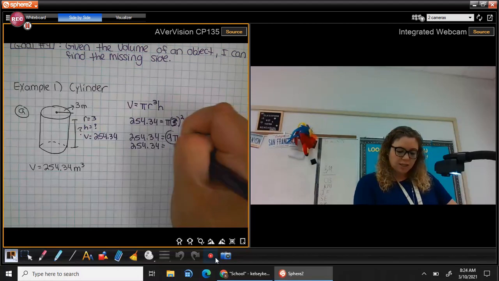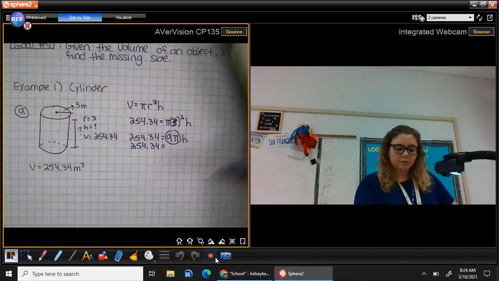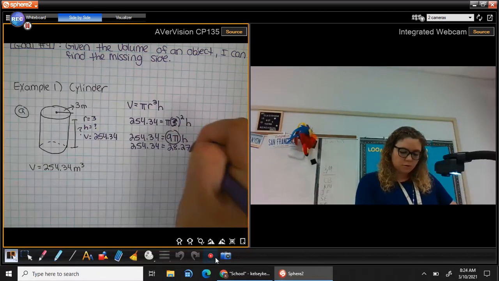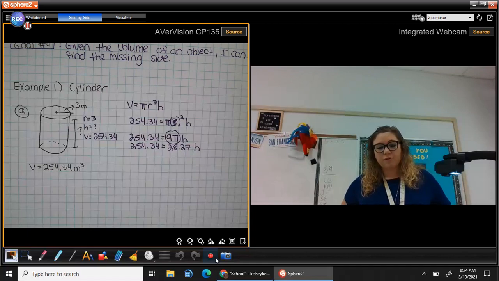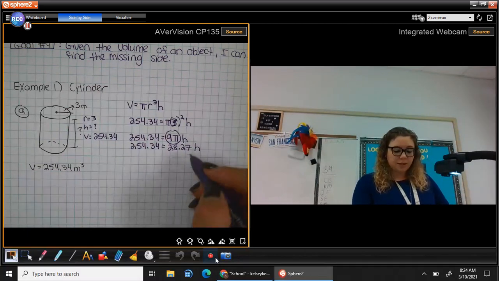So 9 times pi is 28.27. Okay, so we're trying to get h by itself. What's left for us to do? We have to divide by this to get h by itself.